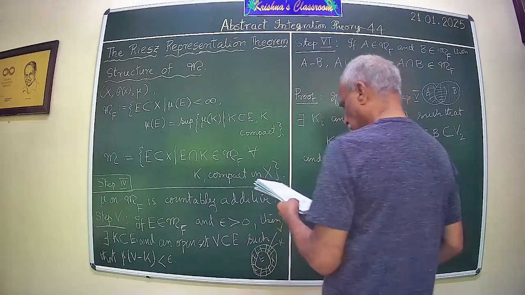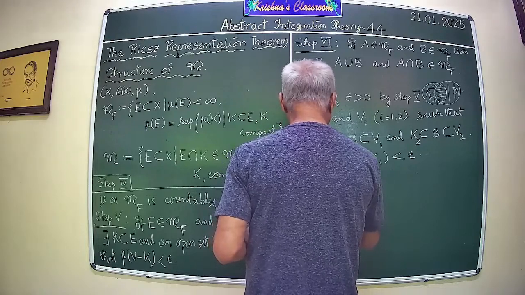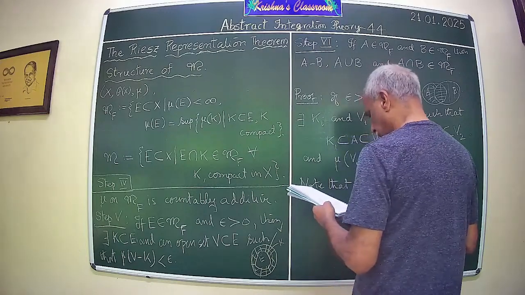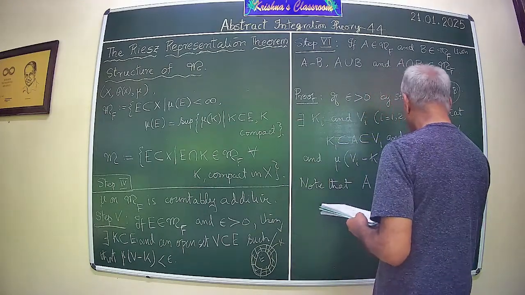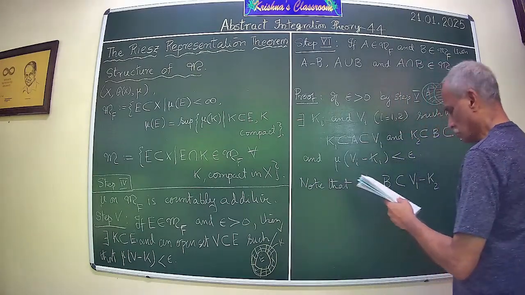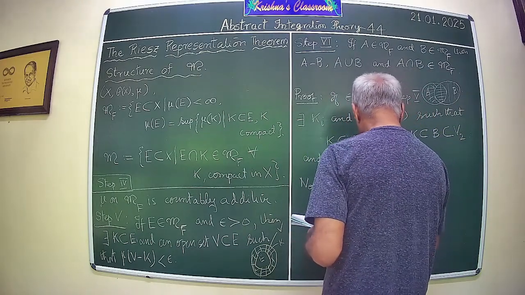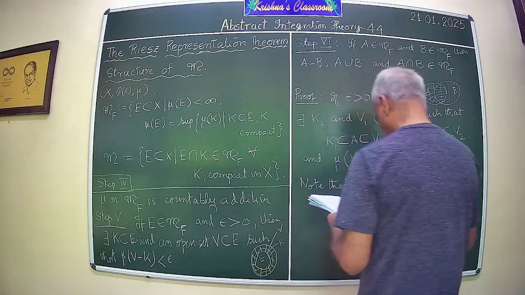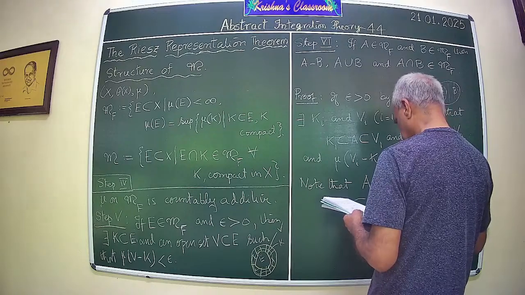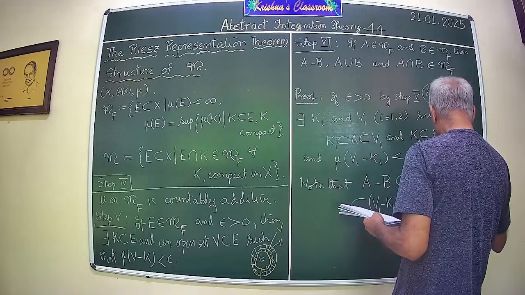Now, note that A minus B is contained in V1 minus K2, which is contained in (V1 minus K1) union (K1 minus V2) union (V2 minus K2).